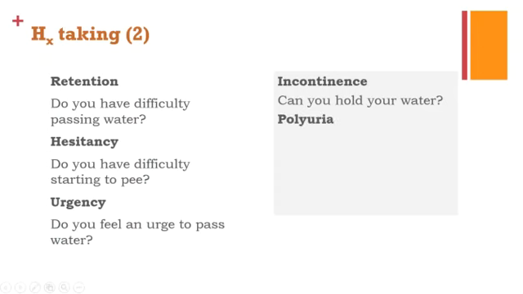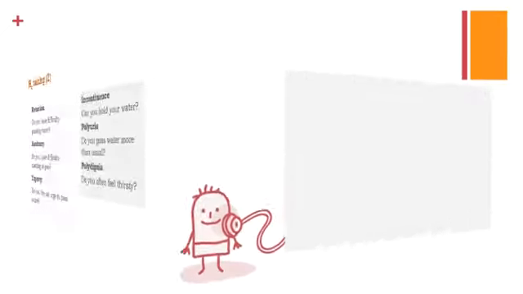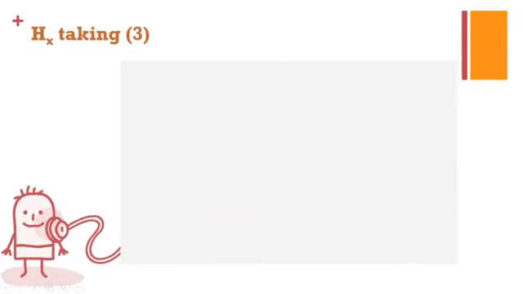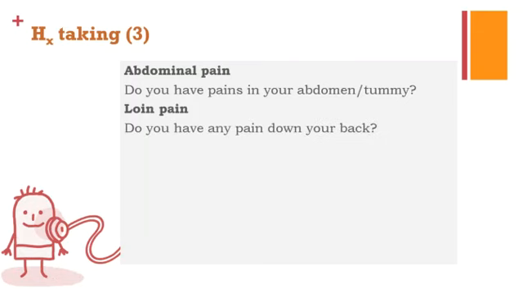Polyuria: Do you pass water more than usual? Polydipsia: Do you often feel thirsty? Abdominal pain: Do you have pains in your abdomen? Do you have pains in your tummy? Loin pain: Do you have any pain down your back?